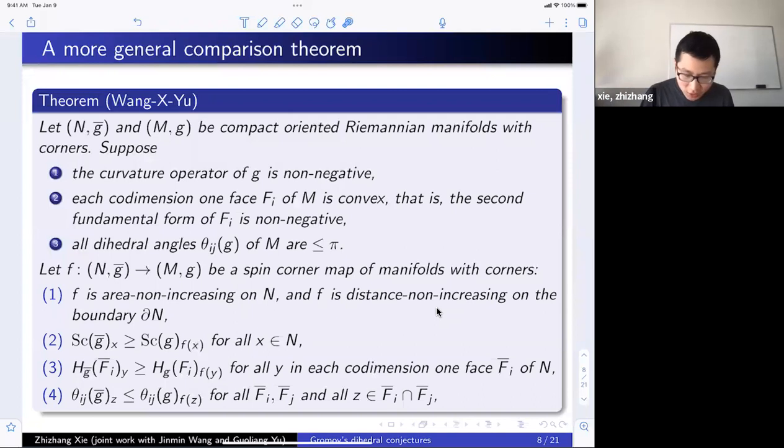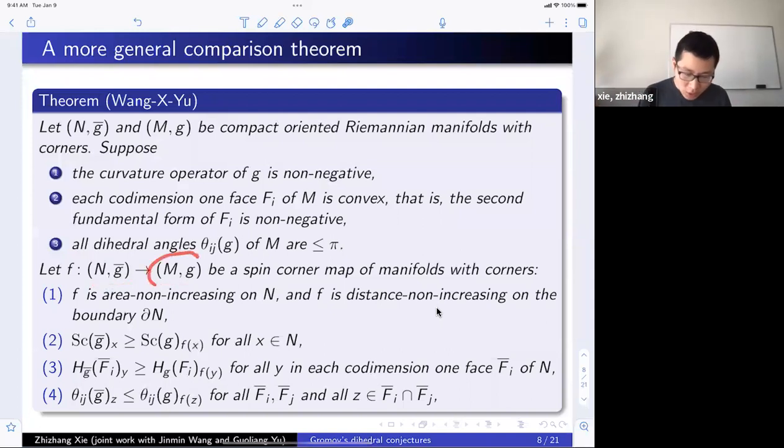But here in the general context, we would work with manifolds M and N, and there's a map, which is a spin map. This is slightly more general, or weaker, than the fact that M is spin and N is spin. We don't have to assume M and N individually to be spin. Together, they just give you a spin structure.